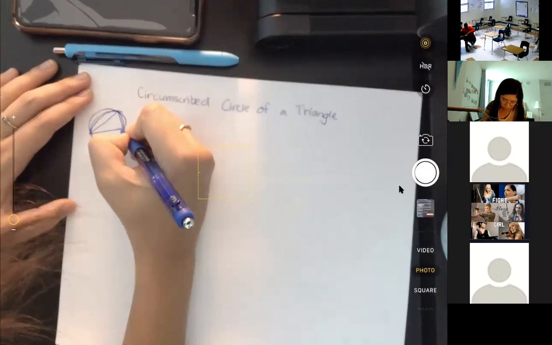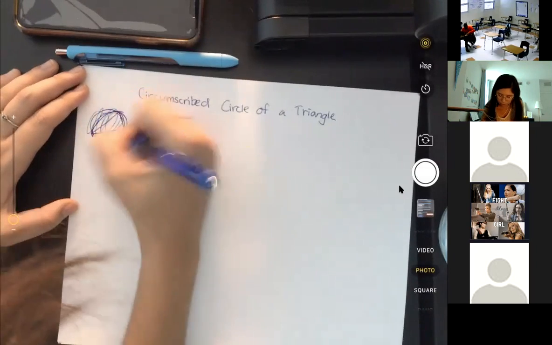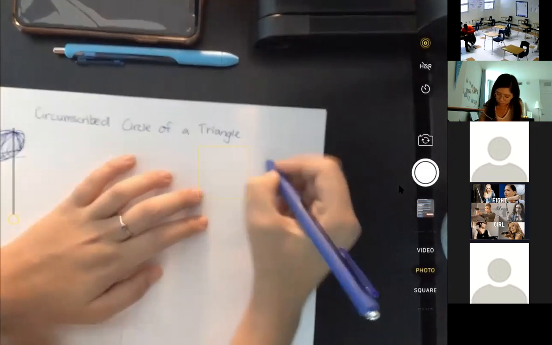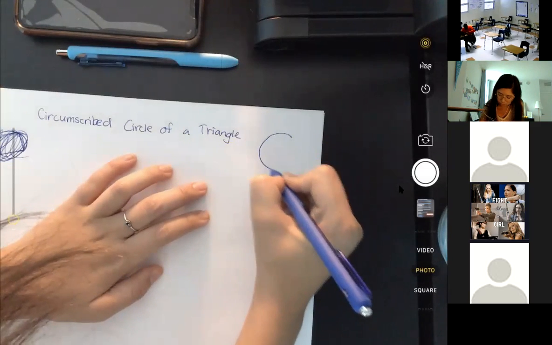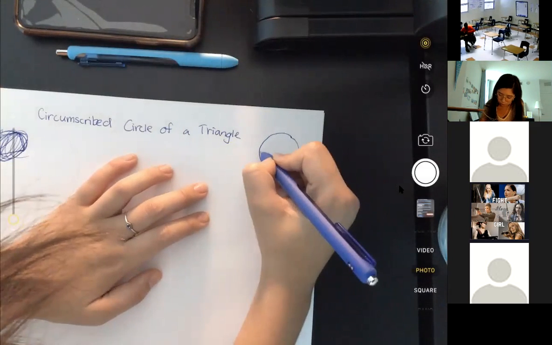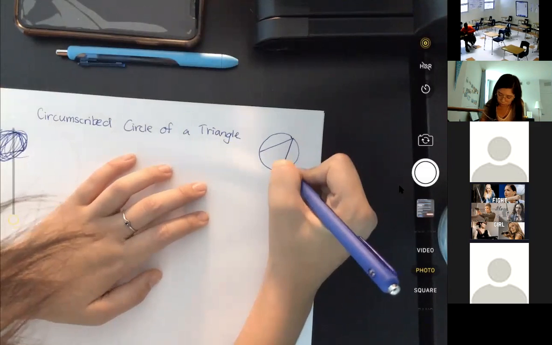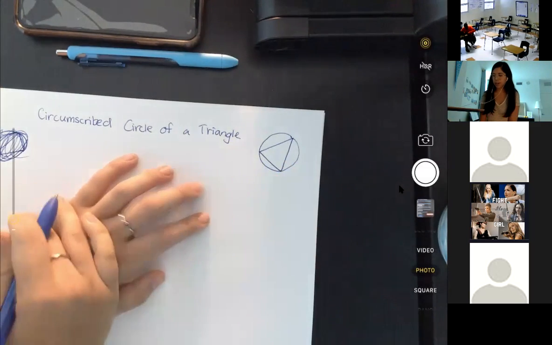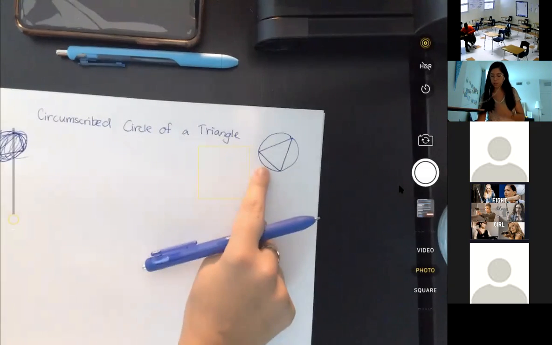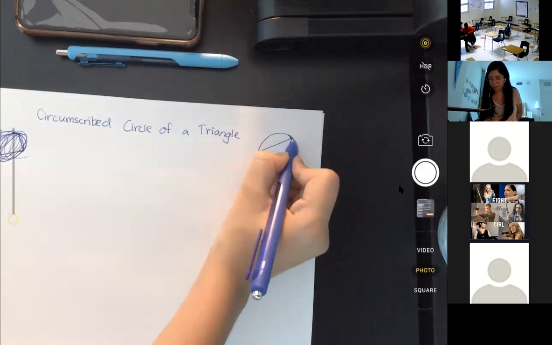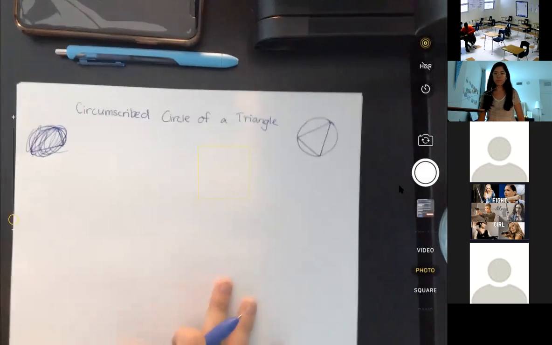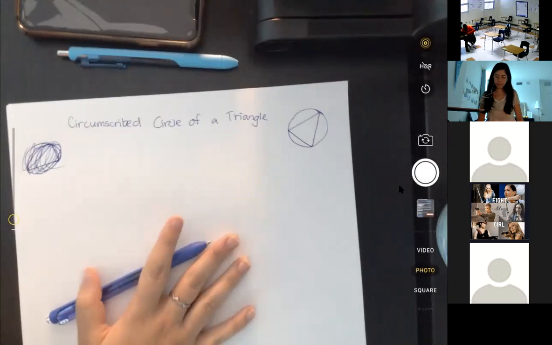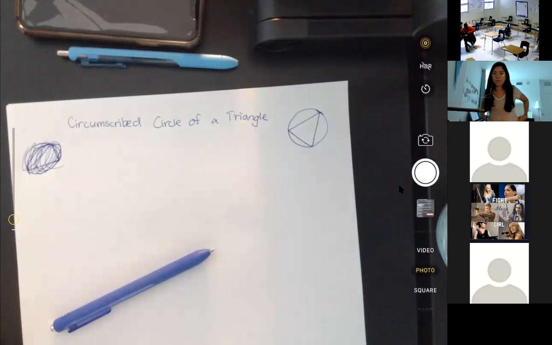Wow, that was really bad. Let me do that again. So you would have a circle, the circumference, like the outside. Okay, there we go. So a circumscribed circle: the triangle is inside. Okay, we ready?